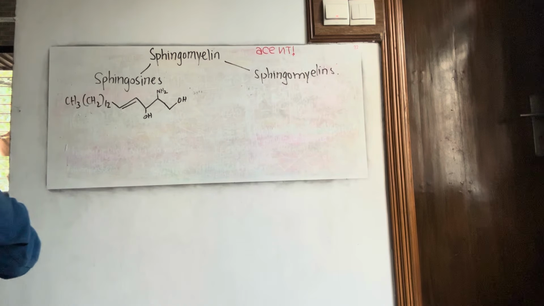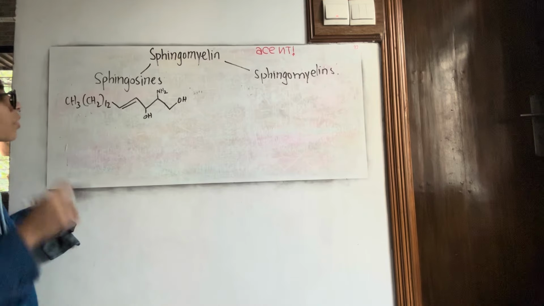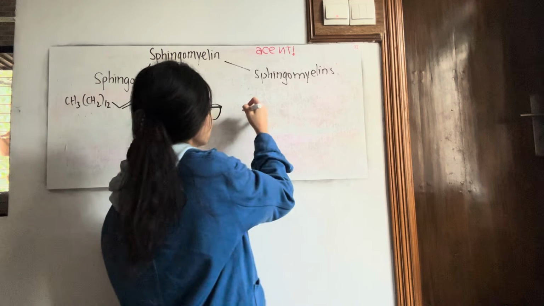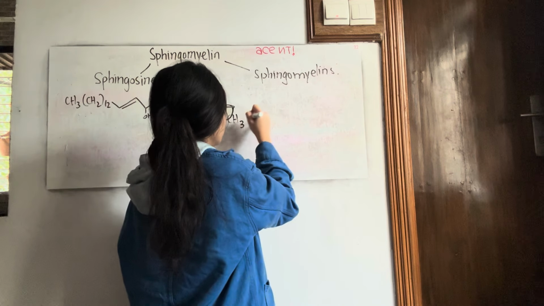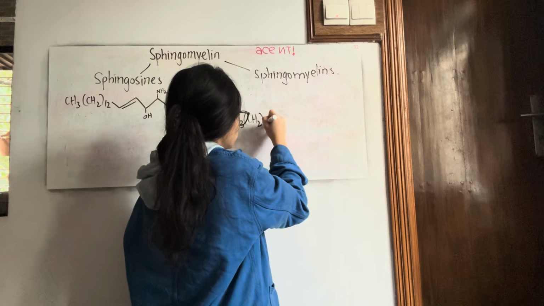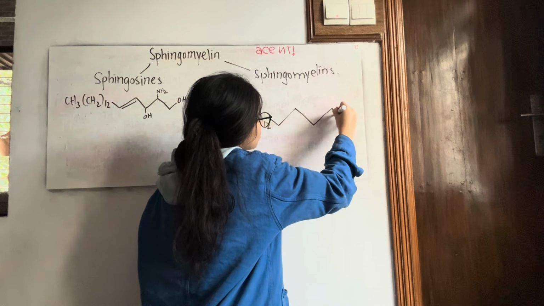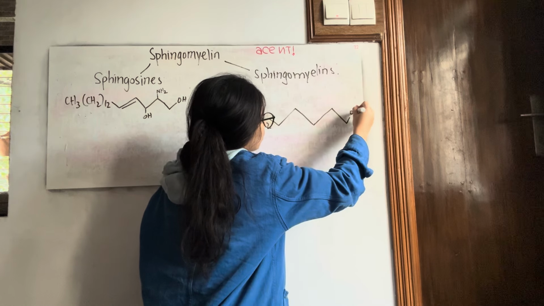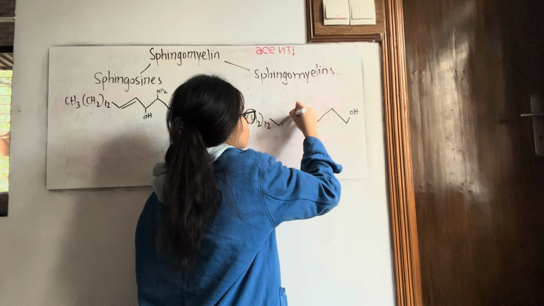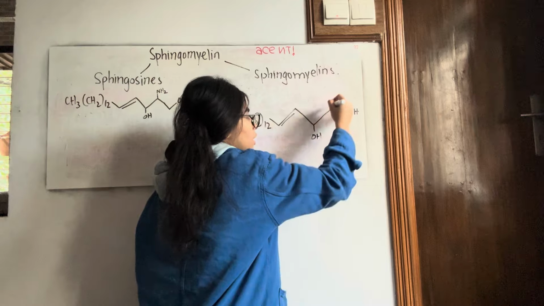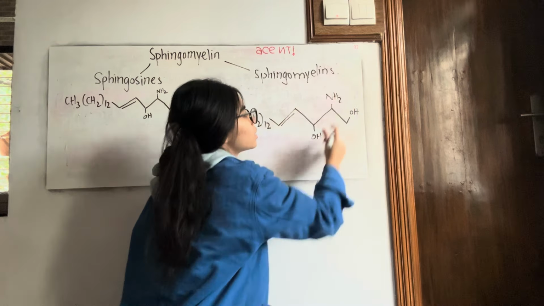Did I do it right? I think I did it right. So CH3, CH2, 12 of these, one mountain, two mountain, OH, double bond, OH, NH2. This is sphingosine.